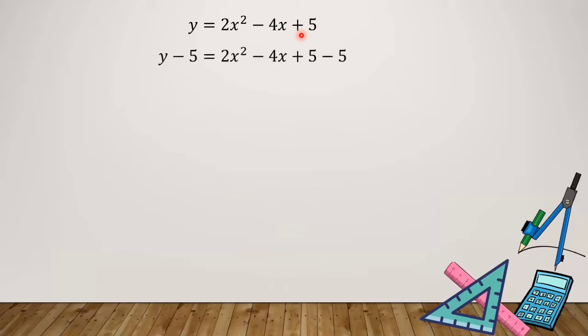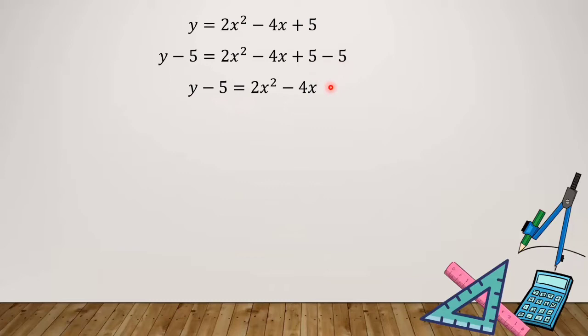So it will become y minus 5 is equal to 2x squared minus 4x plus 5 minus 5. 5 minus 5 is equal to 0. So it will become y minus 5 is equal to 2x squared minus 4x. So since 5 minus 5 is equal to 0, kahit wag na natin siyang ilagay dito.